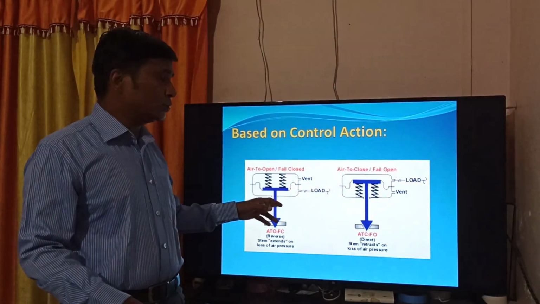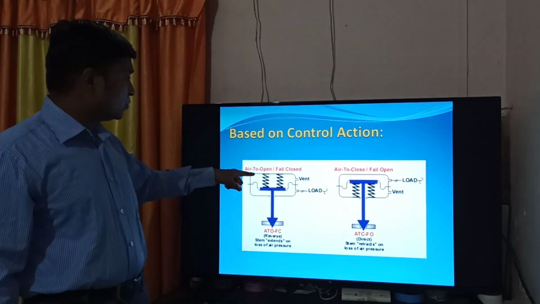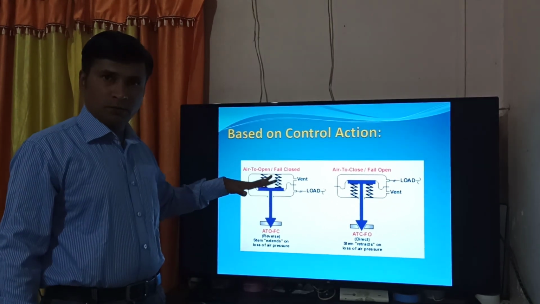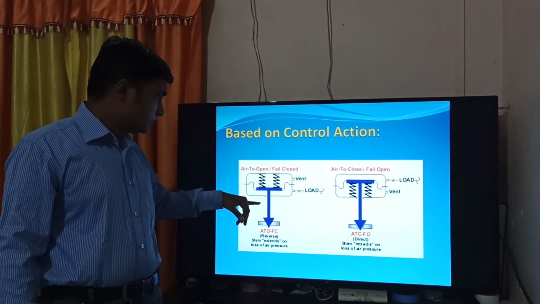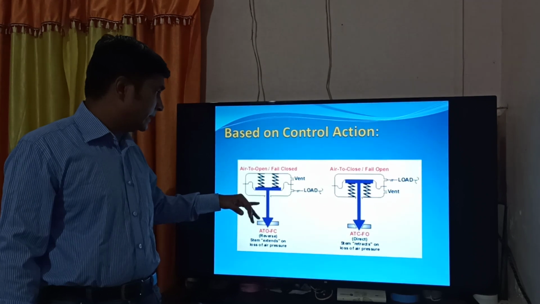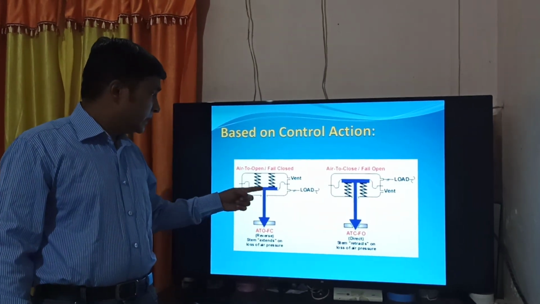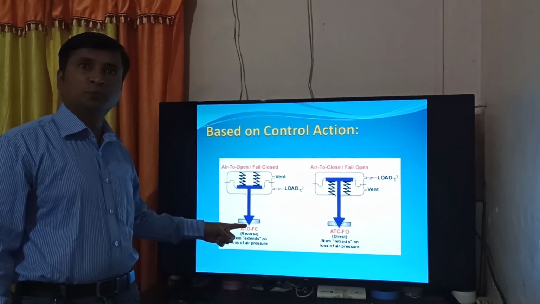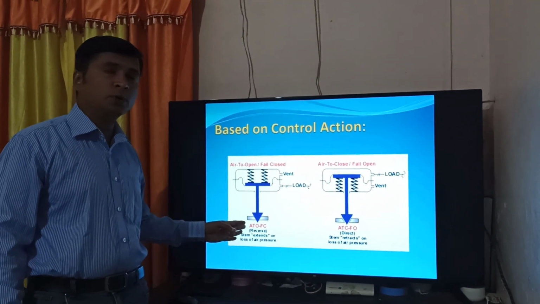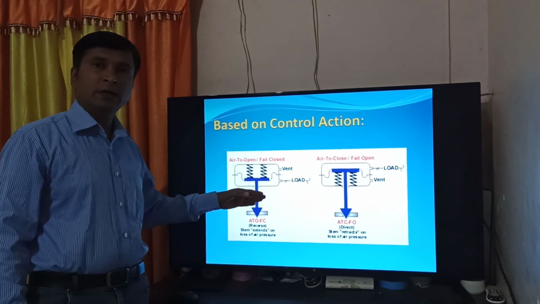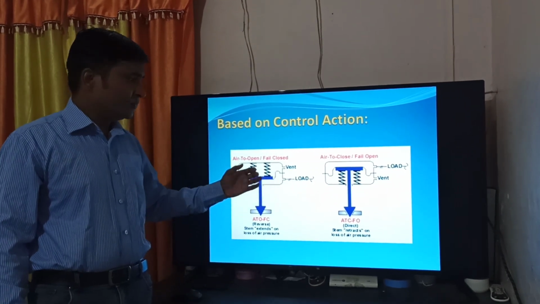If we use, in this case, an air to open type control valve, then if the supply of air is blocked, the valve will be at closed position, means no fluid material will be transferred to that reaction vessel.